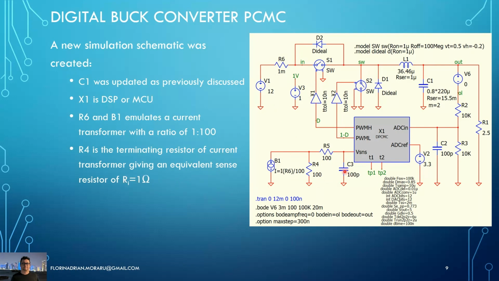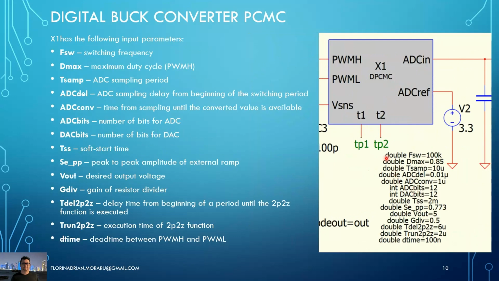Of course, R5 and C3 are a small low pass filter. The same C2 is also realizing a small filter for the sensed output voltage. Okay, then we have some input parameters for our DLL block.